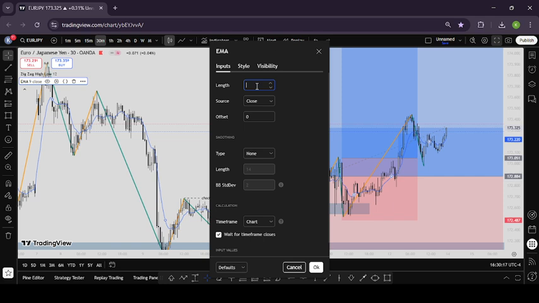Okay, so let me take this off. Okay, so yeah, as you guys can see, the 200 EMA supported this trade.